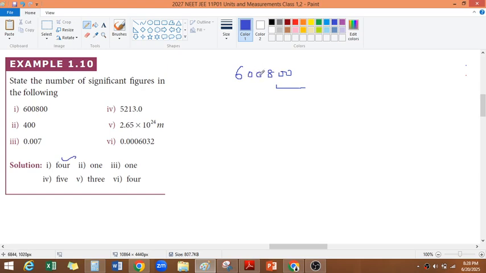You may be wondering why I am including the 0. Only the zeros on this end are insignificant. These are significant. So when zeros appear between the numbers, they should be taken as significant figures. Initially, it may look confusing, but as you do some problems, I'm sure it will become very easy.